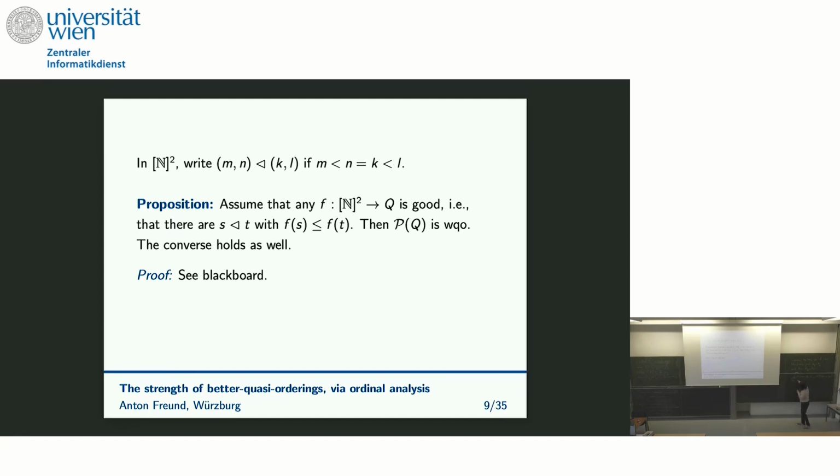So for i smaller than j, if the sequence is bad, xi is not below xj. So that means it's not the case that everything in xi is dominated by something in xj. So we find something in xi which is dominated by nothing in xj, and we pick these elements.